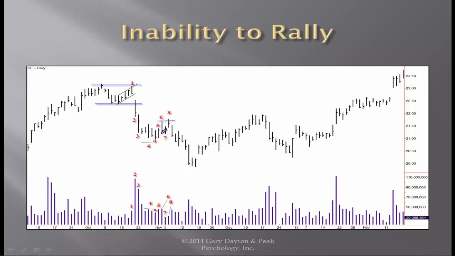So on bar 5, we start a rally going up, and we see a little increase in volume. It's an up bar, average spread, closing firm. But what happens on bar 6? It shows there's no ability to push higher.